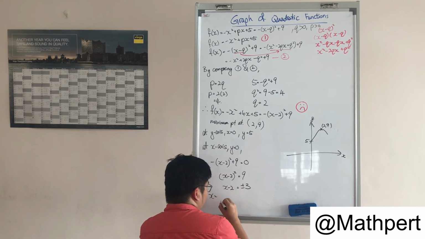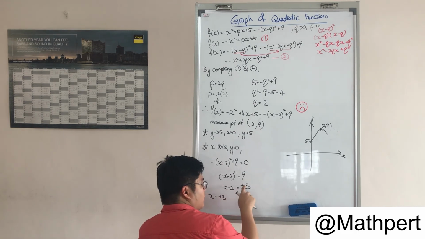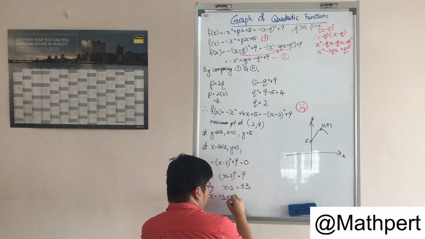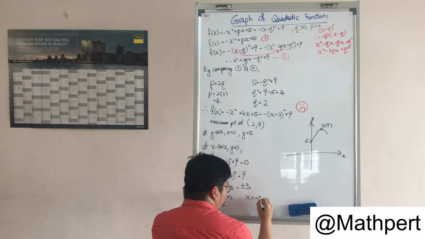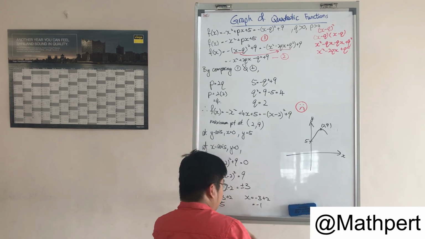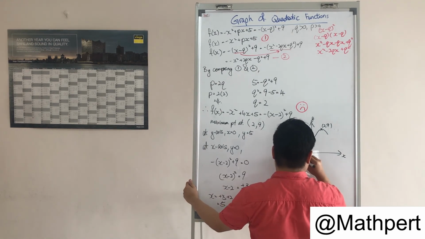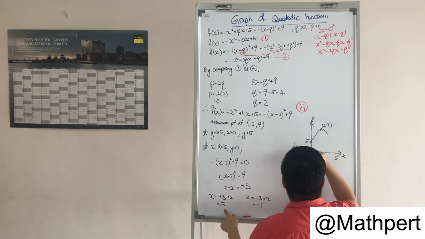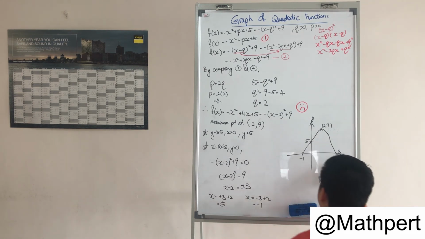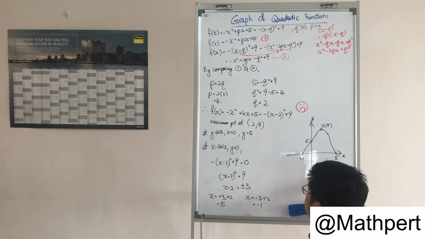Therefore, x is equal to plus 3, 2 moving to the right hand side, we get plus 2, we get 5. Or x equals minus 3 plus 2 is equal to negative 1. So meaning here negative 1, here 5. So this graph will intersect the x-axis at negative 1 and 5.